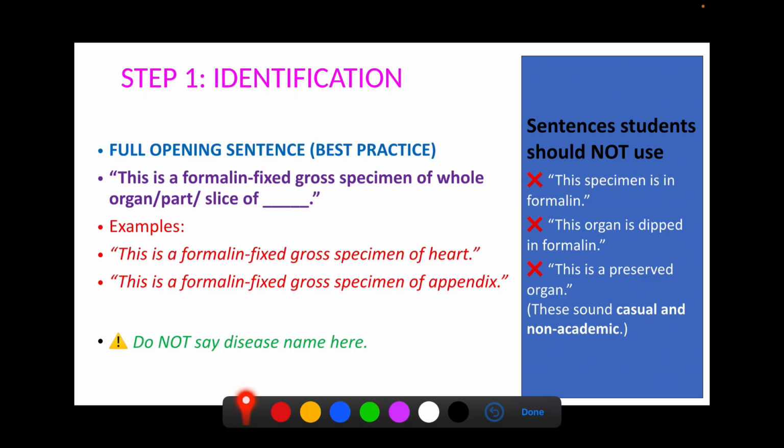So it will be easier for you to remember 3 to 4 diagnoses, and it will be easier to identify the specimen during the exam.